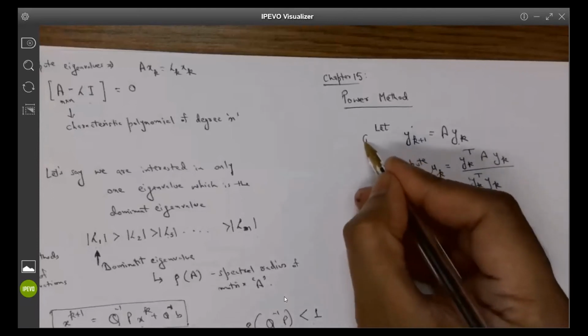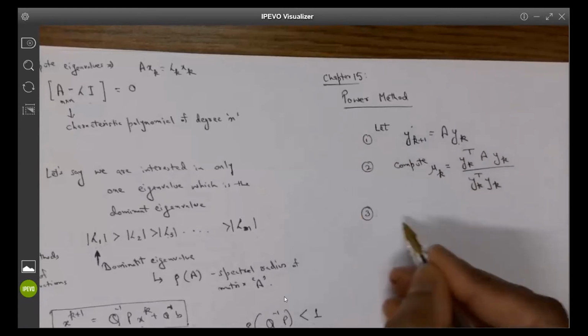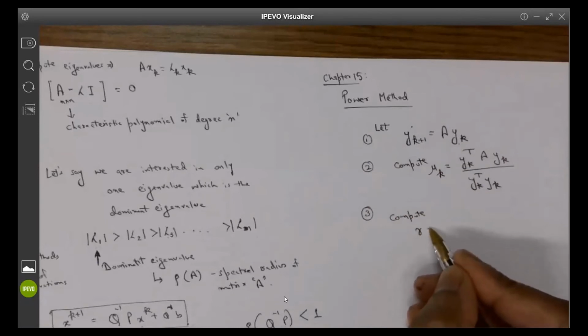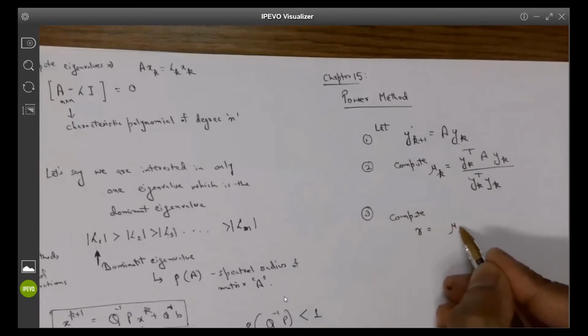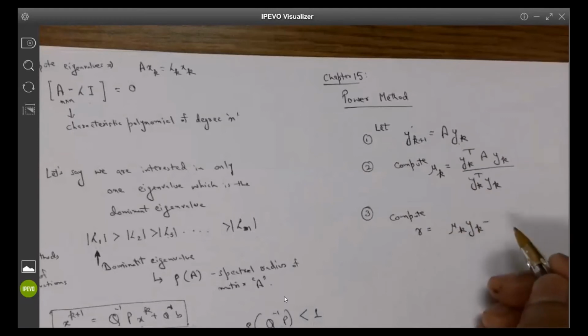This is step number one, step number two. Step number three: compute the residual r as mu_k y_k minus A y_k.